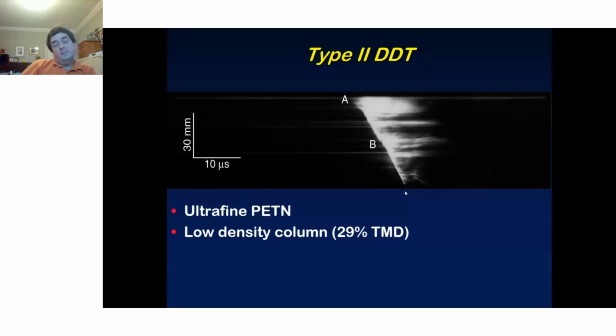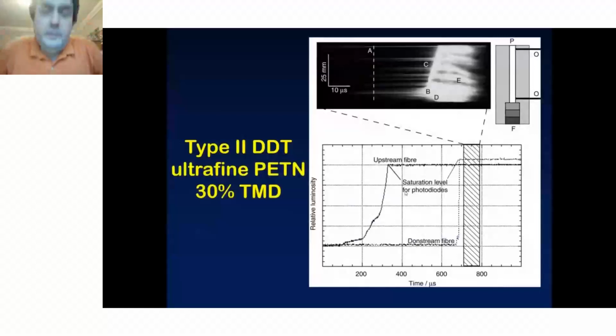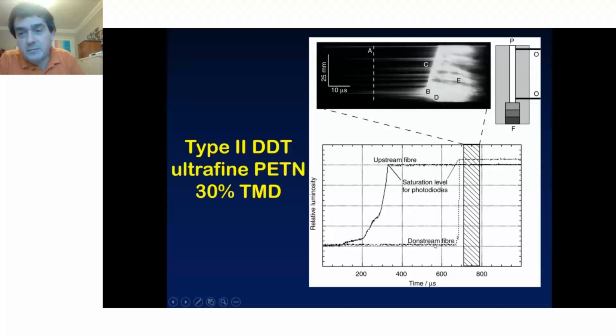We repeated this experiment a number of times, and we produced this kind of data. So what we have here, firstly in the graph, we have an upstream fiber and a downstream fiber, and this is represented here. So we have our optic fibers at the top and the bottom of the system. We have the burning that starts, and what we see here is from the optic fiber.